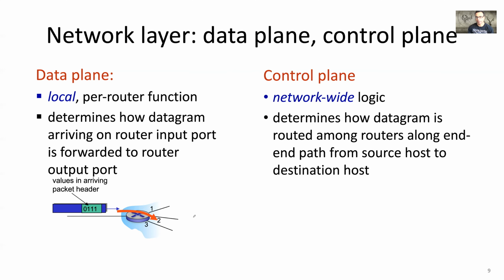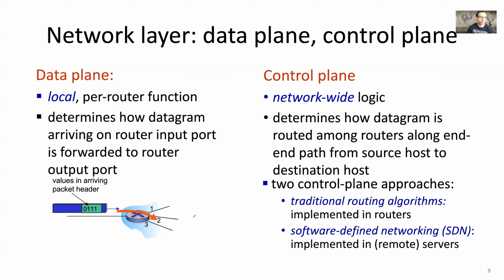The process that involves populating that forwarding table is what's referred to as the control plane. This is again network-wide logic, and the routers together figure out what would be a good path to take from various source nodes to various destination nodes. And there are actually two ways to do that, which I'll briefly mention in the next slides.